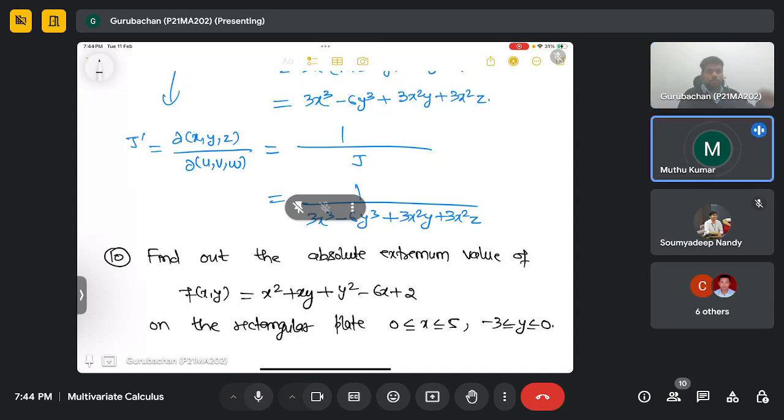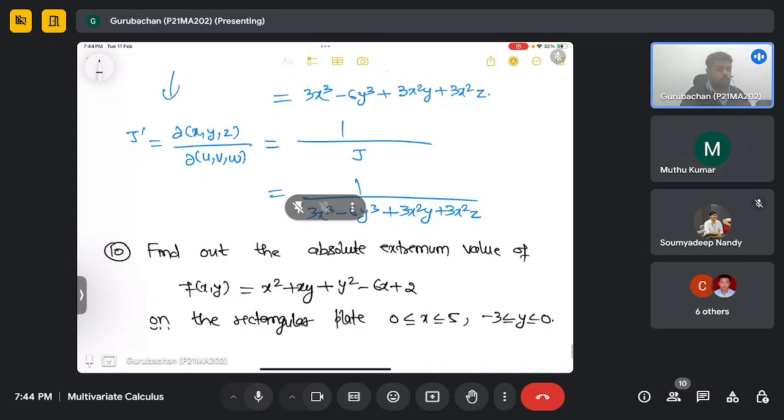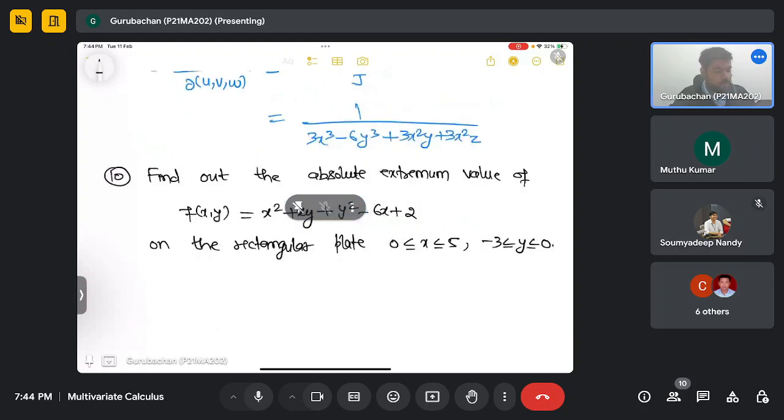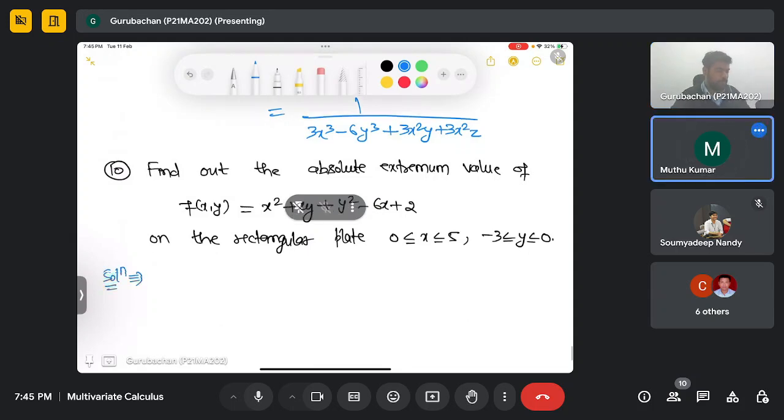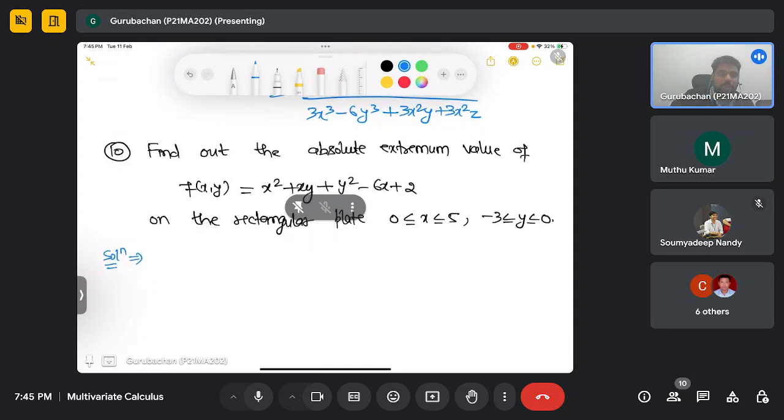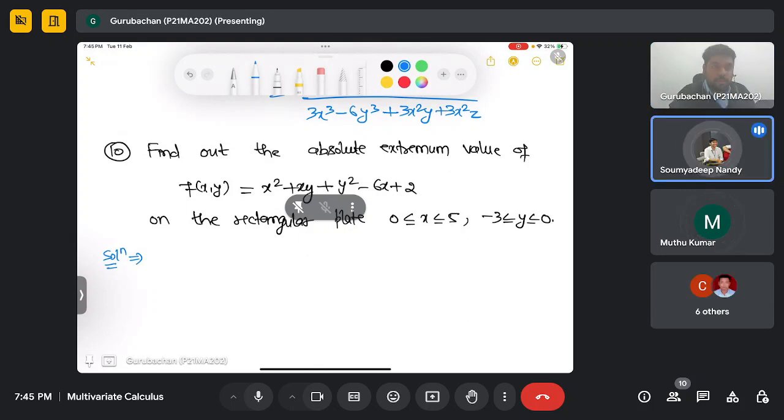Are you waiting for us to answer, or am I waiting for you to try it? Then we can do it here also. As usual, you have to find the critical points. What is the approach? 4 comma minus 2 is coming out to be the critical point.